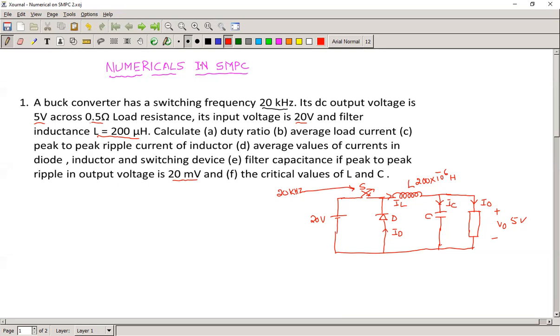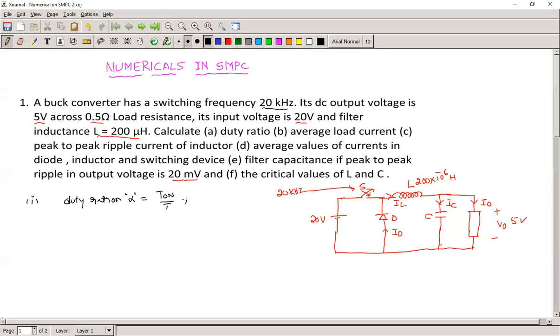The first parameter we have to calculate is the duty ratio, alpha. Already we know this formula, alpha equal to T on by T. This is a direct formula.